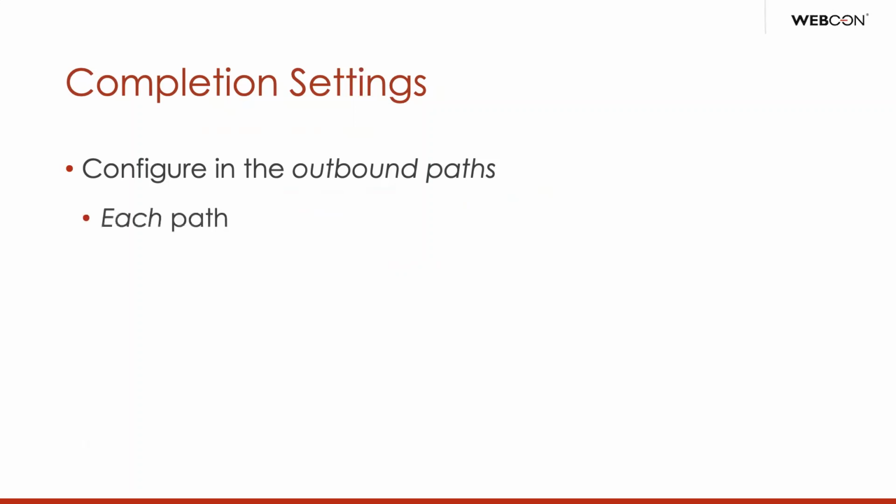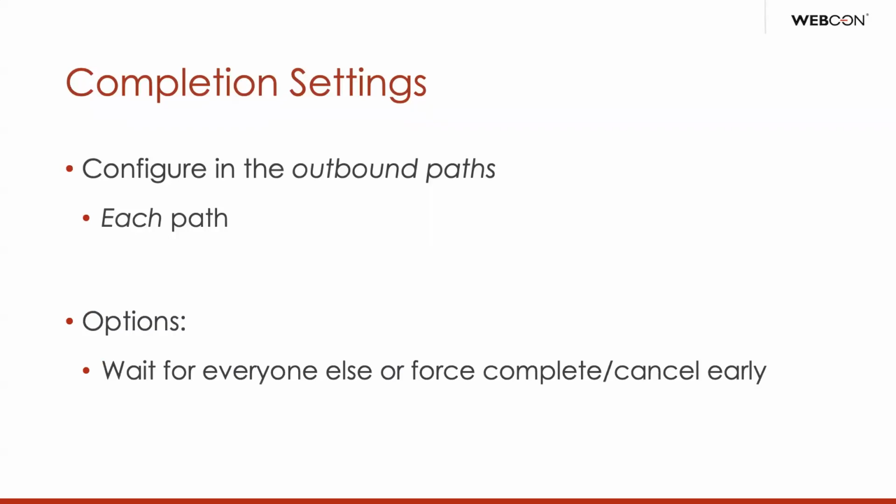Here's what I mean by this. I need to configure each of the outbound paths to determine what I will accept. And my options are to either wait for everyone to complete it, or I can force the other recipients' tasks to be completed or canceled early.